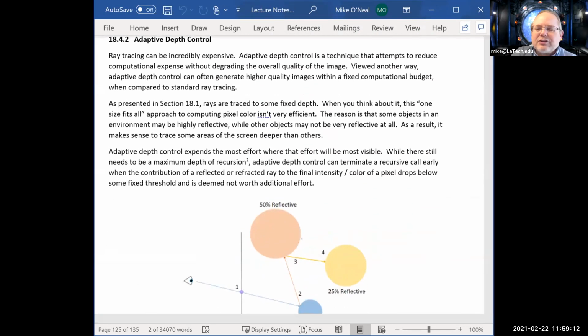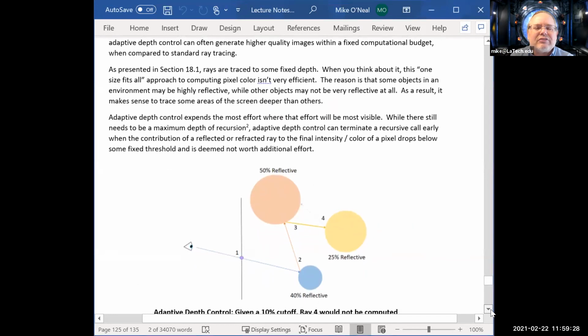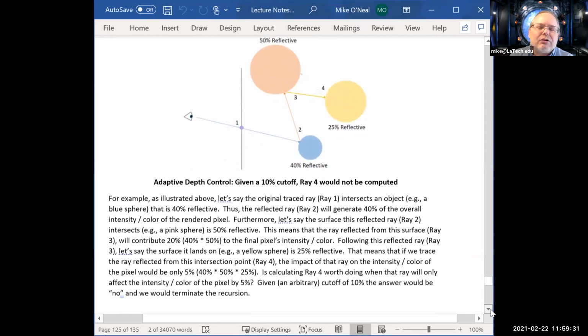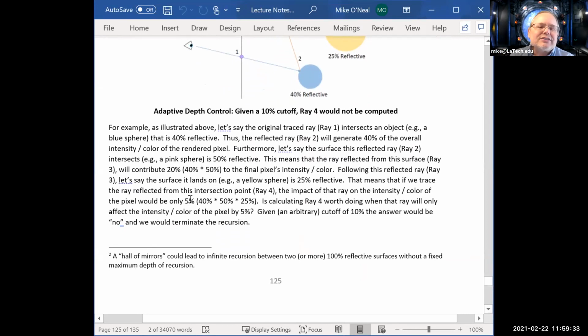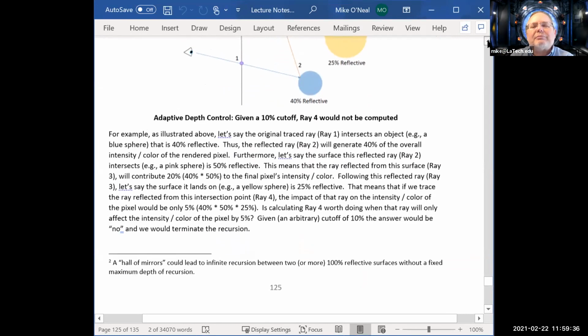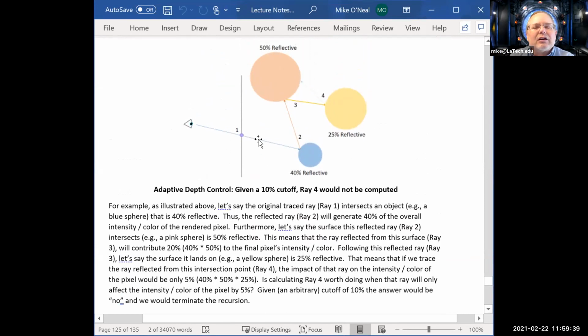One other little thing we can do, another little technique, this one improves realism by letting you go deeper where you need to, like in highly reflective areas, but not go as deep on areas that are less reflective. And that's called adaptive depth control. And basically what you do is you set a cutoff and you say, okay, look, I'm not going to go any deeper when the intersection of this ray won't give me any more than, say, 10% of the overall color of this pixel.